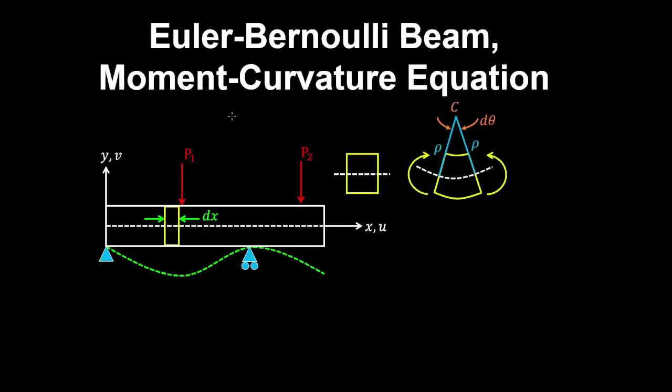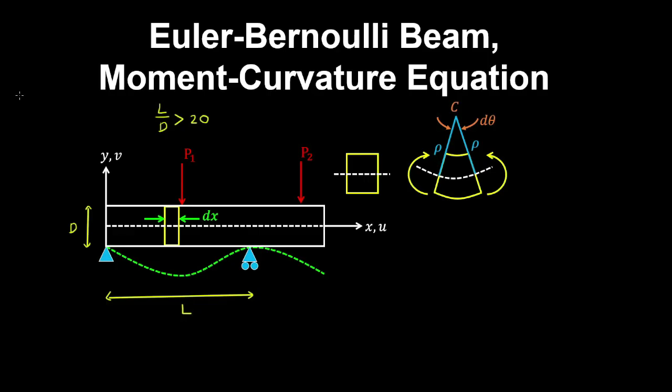The Euler-Bernoulli beam is central to structural engineering and typically involves a beam with a span to depth ratio that's quite large. So the theory applies to very thin beams, for example, with a span to depth ratio greater than 20, so we can neglect shear deformations that are considered in a Timoshenko beam, which we'll look at later.